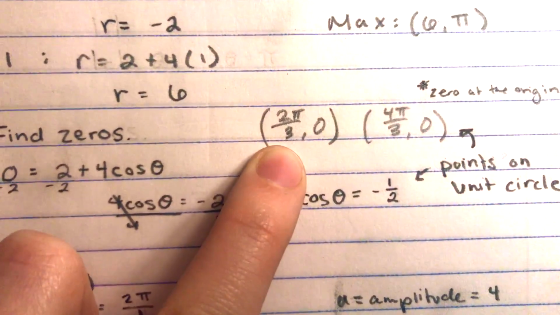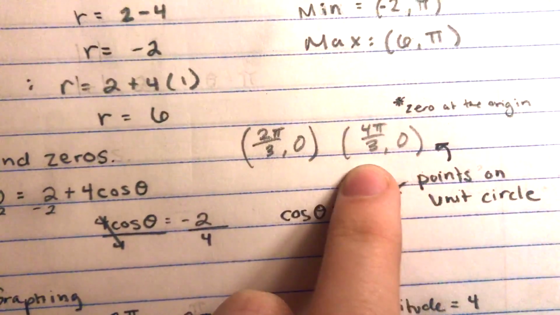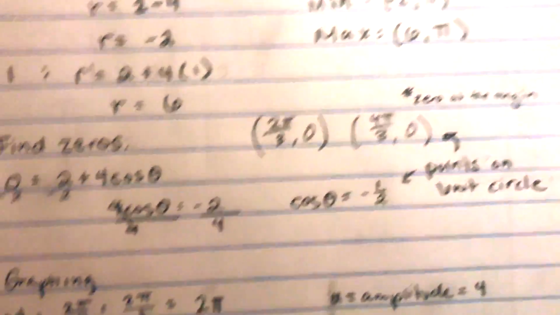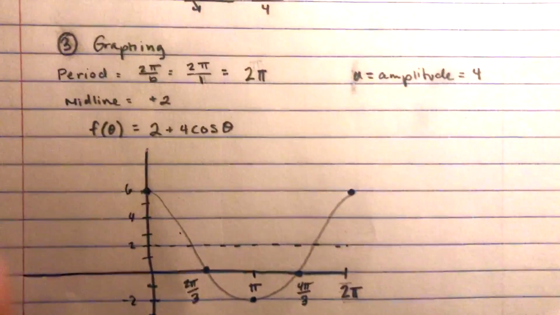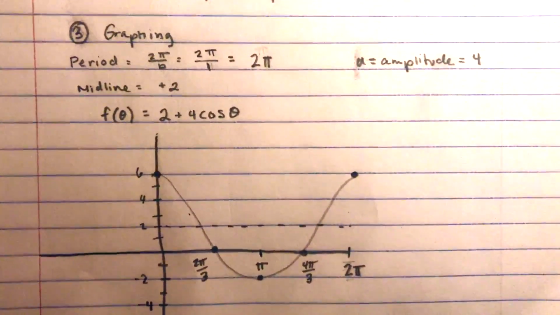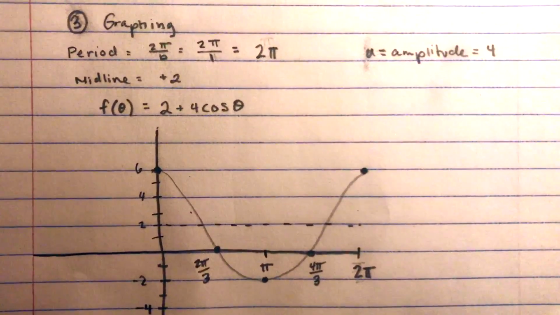So that is at 2 pi over 3, 0, and 4 pi over 3, 0. So there's our zeros.